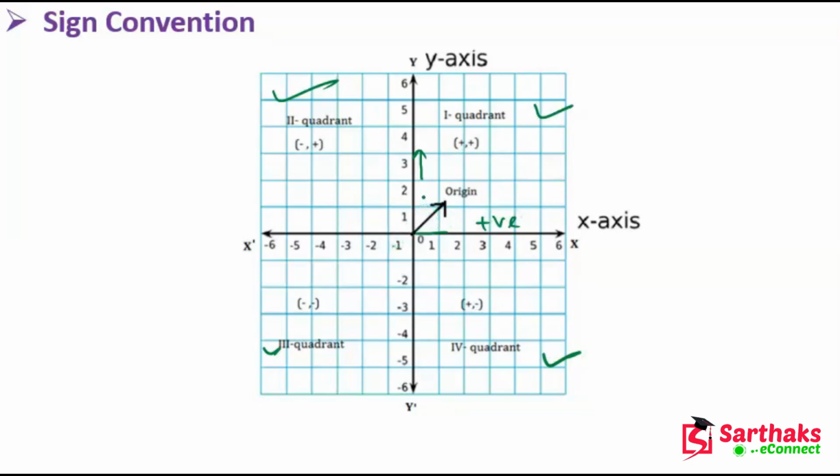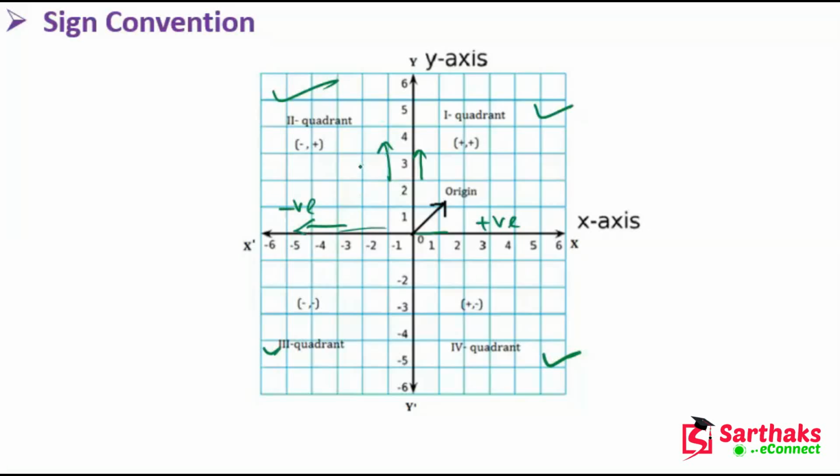Now, in the second quadrant, this is the negative x-axis and this is the positive y-axis. So the coordinates are minus plus, meaning the x coordinate is negative and the y coordinate is positive.